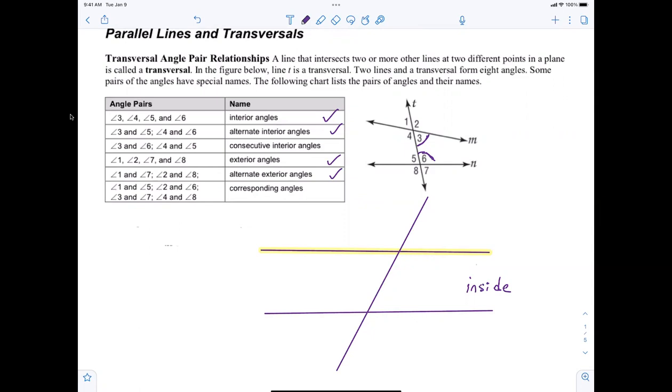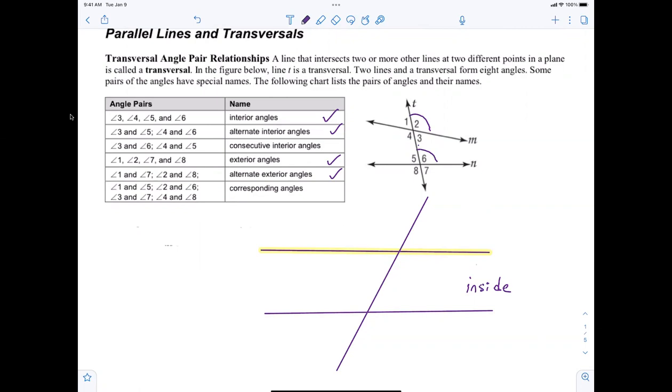All right. Now, the only one that might cause some problem is corresponding. But I tell kids all the time, don't worry about corresponding. Angle 2 corresponds to angle 6 because it's on the right side of the transversal and on top of the two lines. Just like 3 and 7 are what?